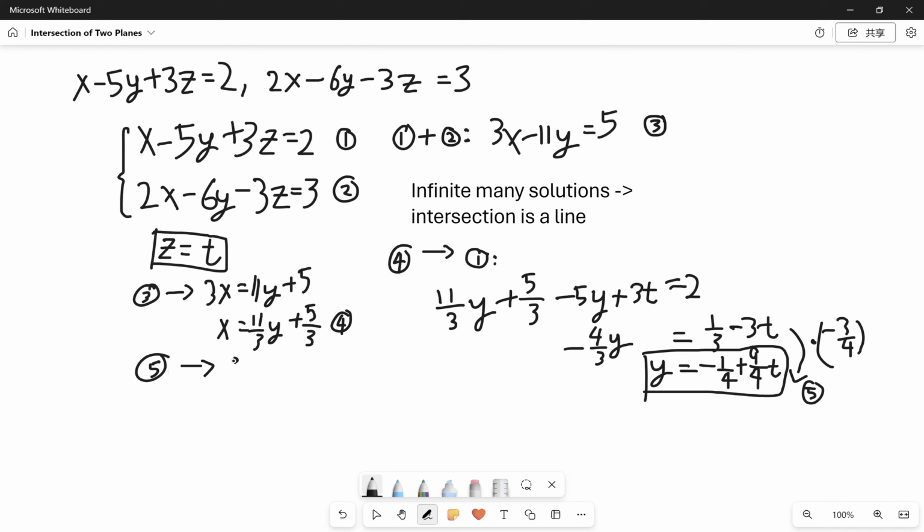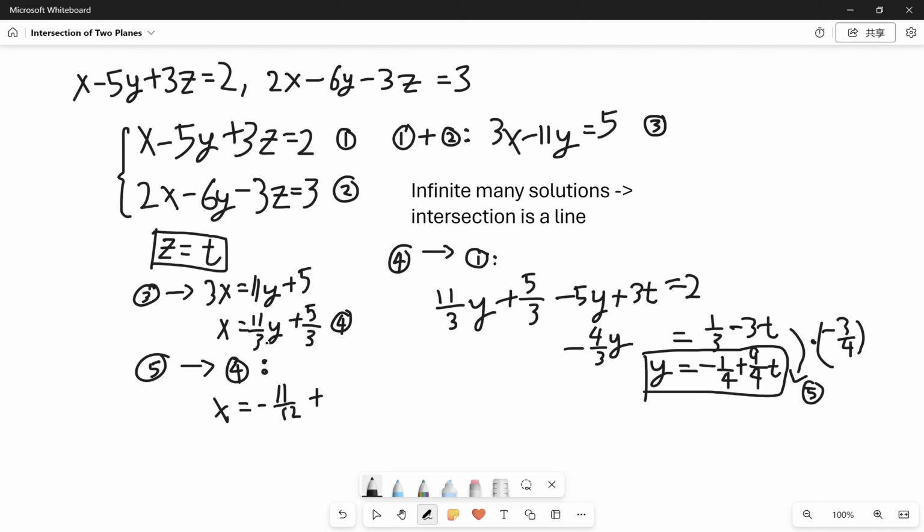So if we plug number 5 into number 4, then x is equal to 11 over 3 times this stuff. If we expand that, 11 over 3 times negative 1 over 4 is negative 11 over 12.